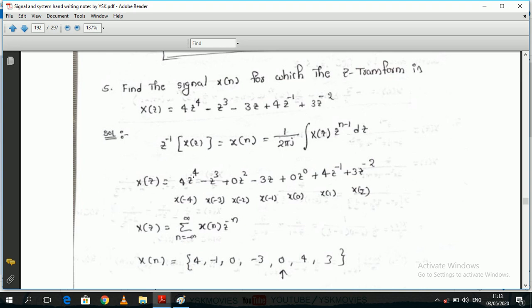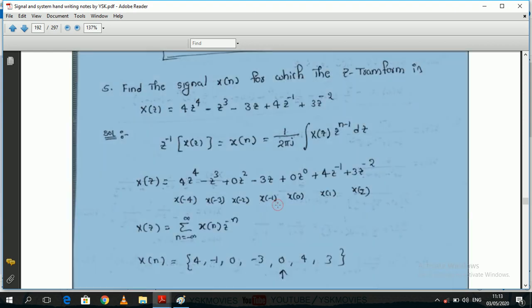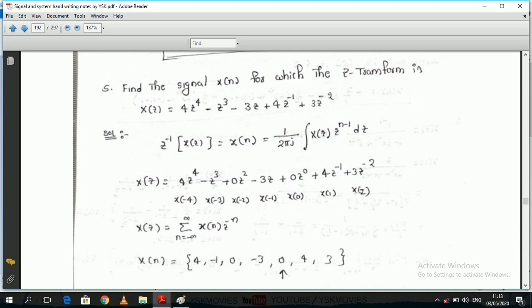Simple: X of z is 4 z power minus 4 z minus z cube 0 3 z square. There is no value for the 0 term, so put 0 for z square. Powers run 4, 3, 2, 1, 0, minus 1, minus 2, and so on. Finally you take the coefficients, and they are treated as the n domain values: 4, minus 1, 0, 3, 0, 4, 3.